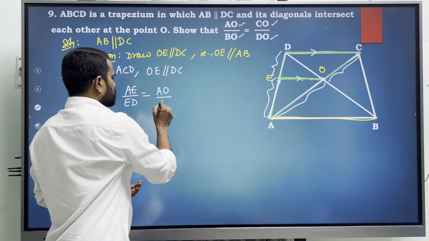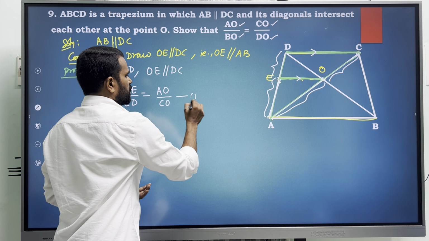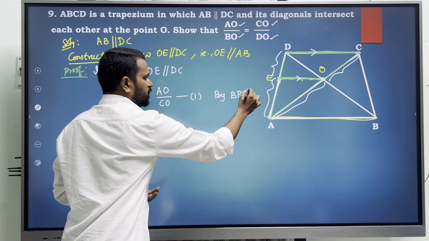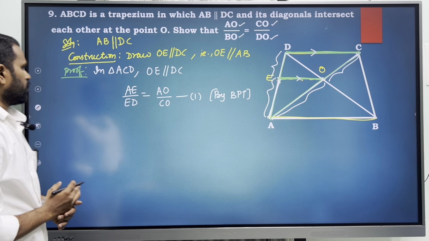Let us write this as equation 1, using the basic proportionality theorem.